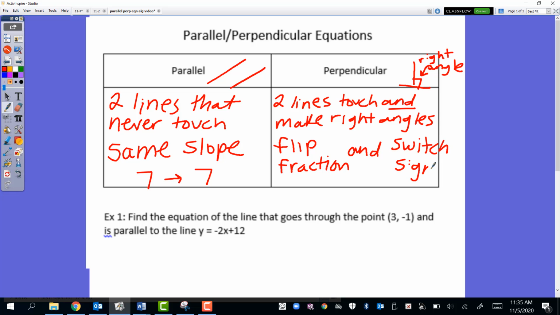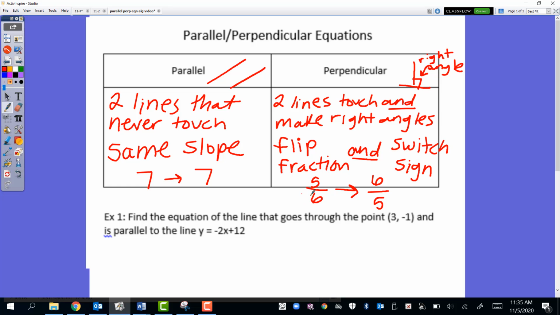So, flip the fraction means if my first fraction, let's pretend, is 5/6, when I flip the fraction, that means whatever was on top now is going to go on the bottom. Like these two numbers switch spots. So that's going to be 6 on top and 5 on the bottom. So they're flipping.